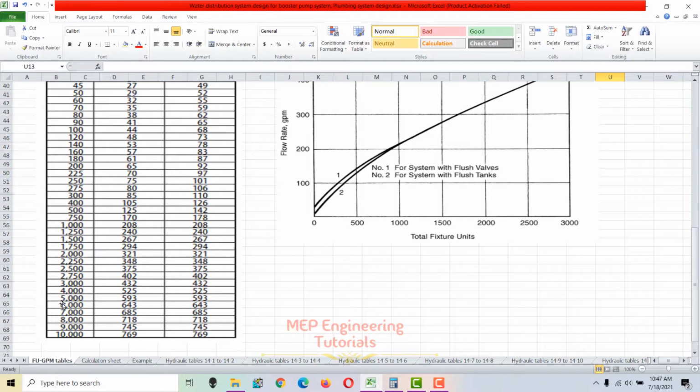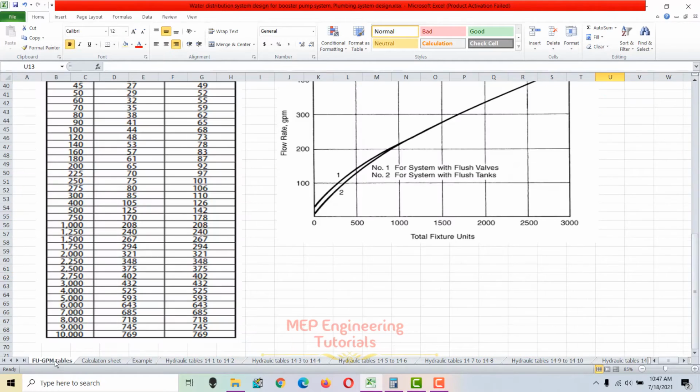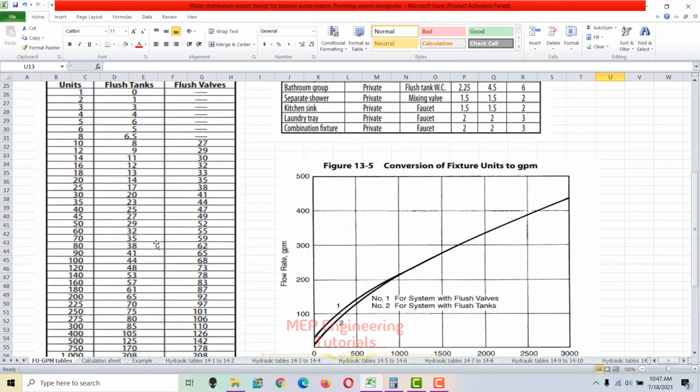So how much GPM is calculated at 4840? 582 GPM. That's how I write 582 GPM, and the reference table I use here is 13-4.